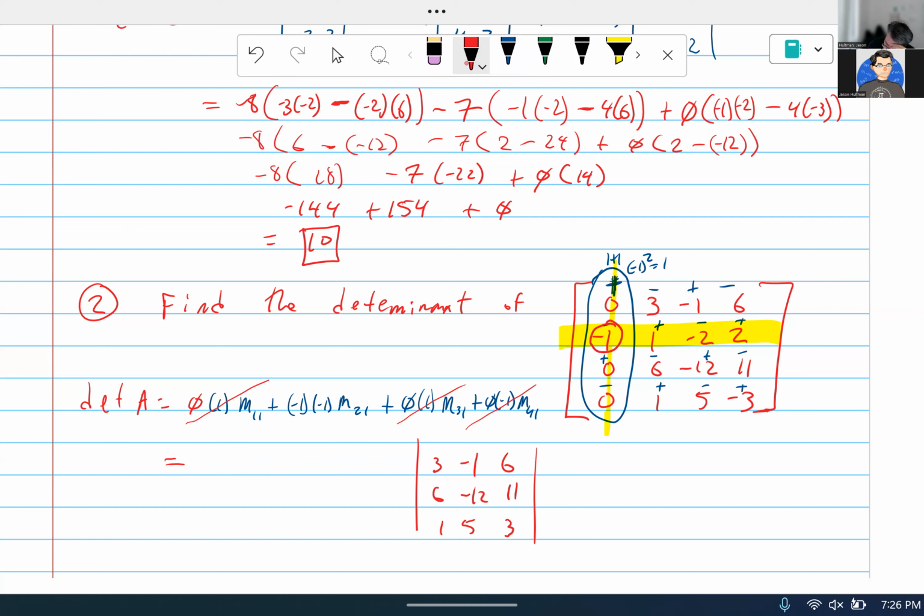That -1 is being multiplied. It's -1 times the sign of the minor, the minor of 2, 1. So this again is -1 times the sign of the cofactor, which is negative. It's in the negative position there. Okay, negative position, and so then we multiply that by the matrix.